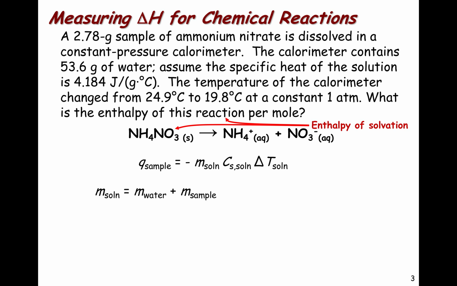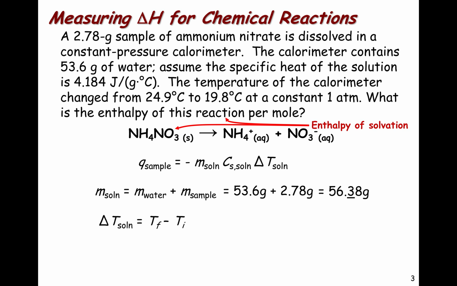So in this case, the mass of the solution is the sum of the two masses of the sample and of the water, and so we add those together and we come up with 56.38 grams for the total.